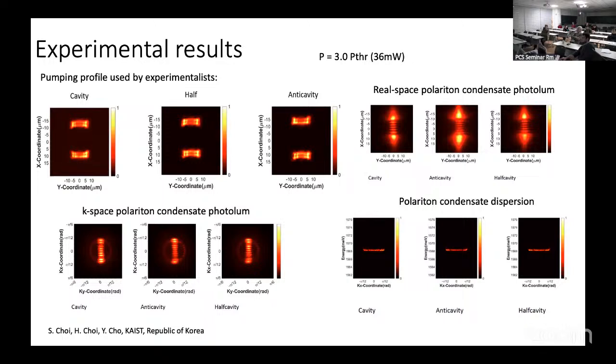The pictures on the right and bottom are the collected emission from the condensate. When a polariton dies, it emits a photon, and this photon carries information from the condensate. So the measurement technique in polariton physics is optical collection of photoluminescence in real space, in reciprocal space, in dispersion, or something like that. So the pumping and measurement system is fully optical.